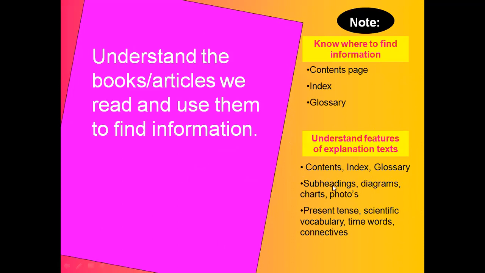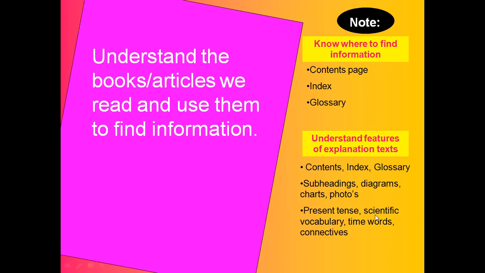You can also use subheadings, diagrams, charts, or photos. And of course, you need to write in the present simple tense because you're writing about facts that can never be changed. So when we write about real information or facts, we need to use the present simple tense.